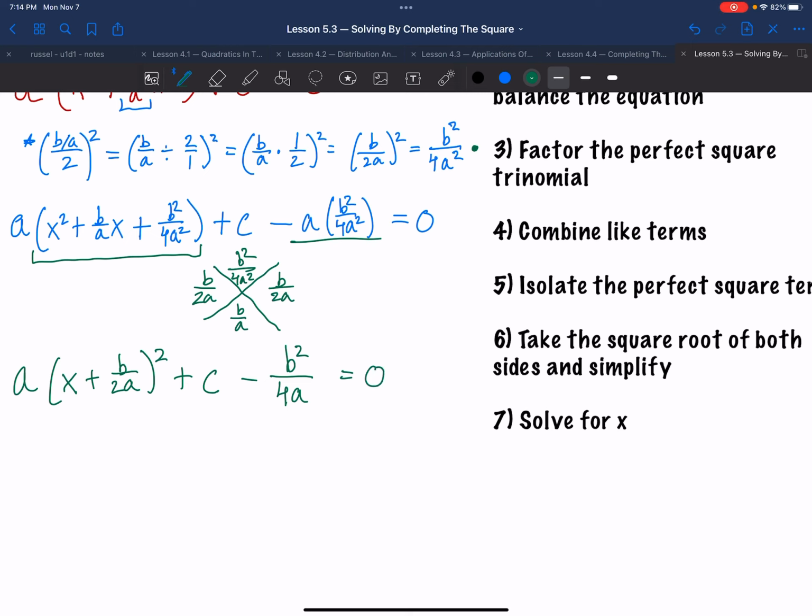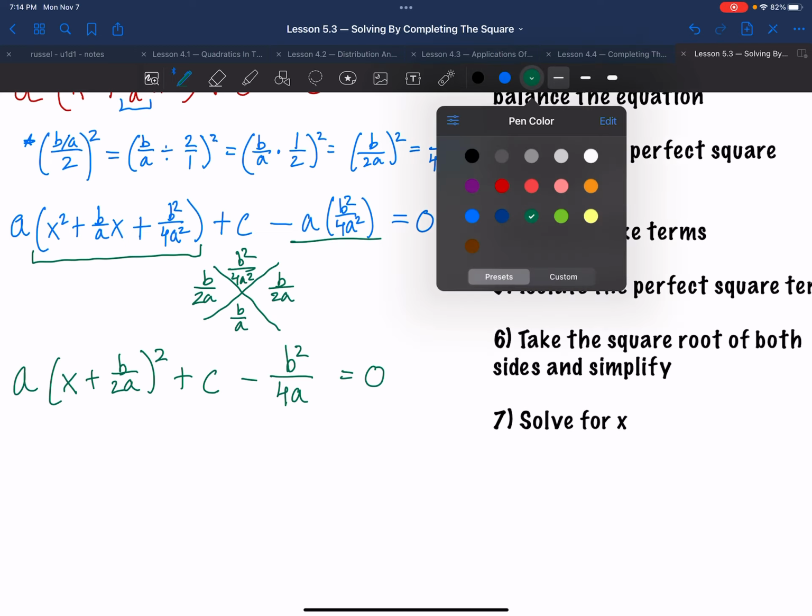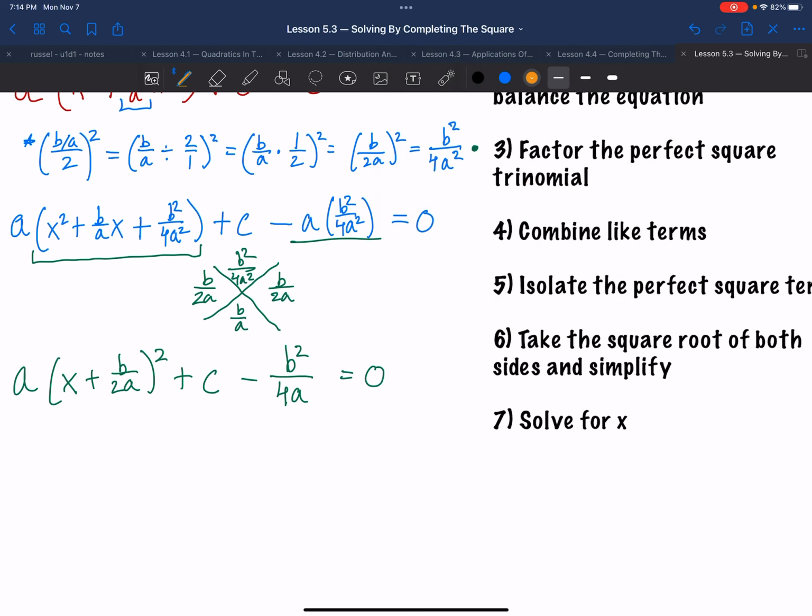Okay. Now, step 4 is to combine like terms. When I'm generalizing this process, you might be saying, well, what the heck is a like term now? Well, constants are like terms, right?